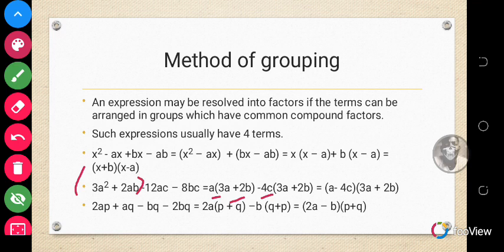So negative 4c can actually go into negative 12ac, and negative 4c can actually go into negative 8bc. So that is what we have.